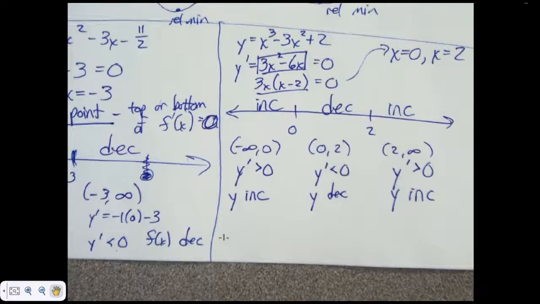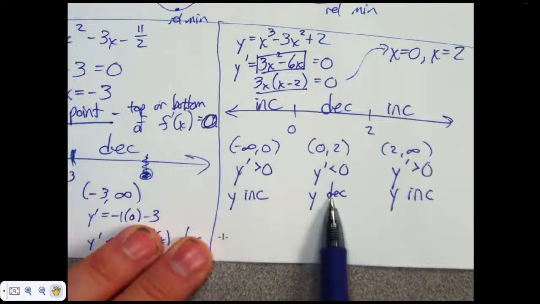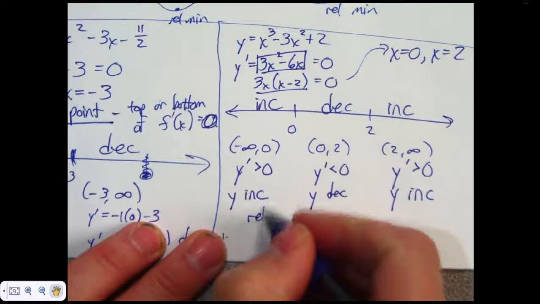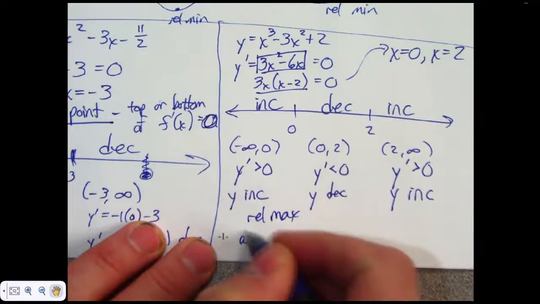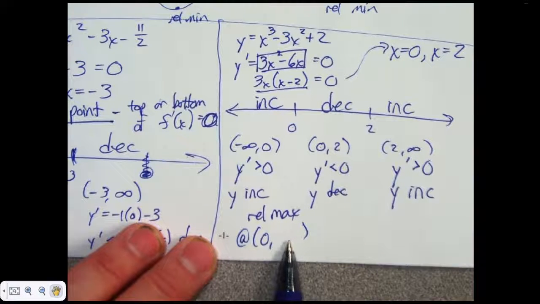And then I need to find the points. If I switched from increasing to decreasing, that's a relative max. So I have a relative max at 0, comma, and where am I plugging back into to find this value? The original. If you plug 0 into the original, you just get 2.